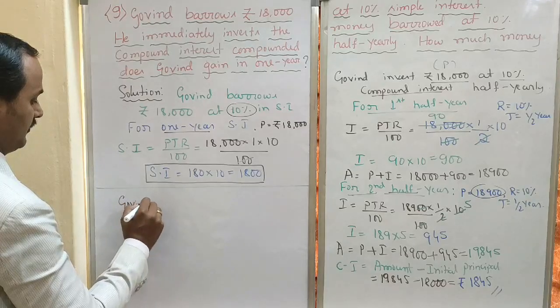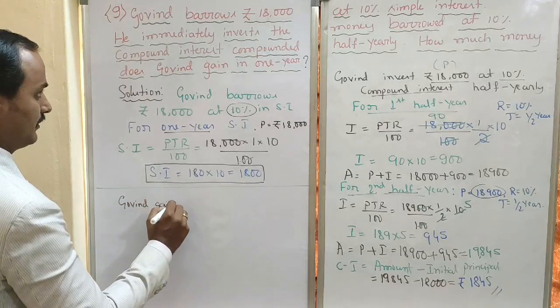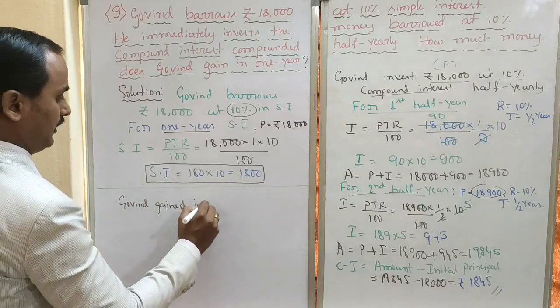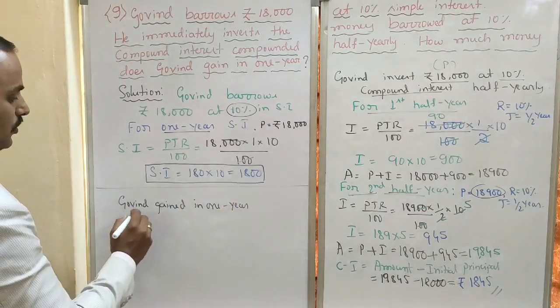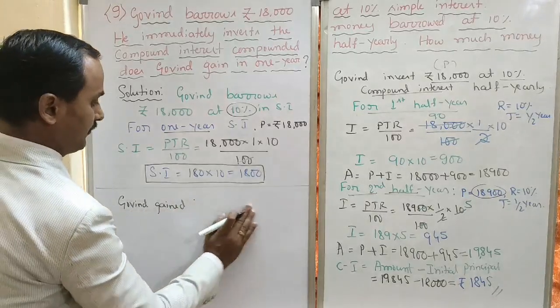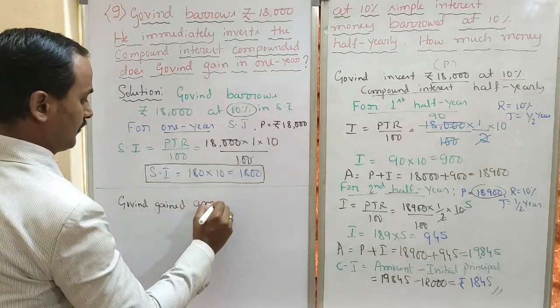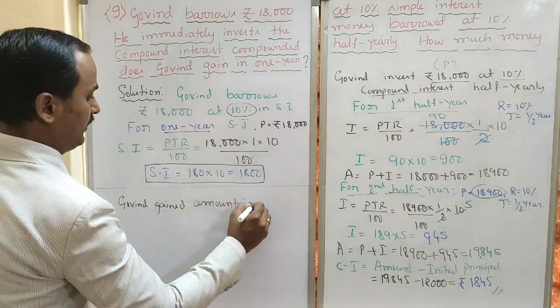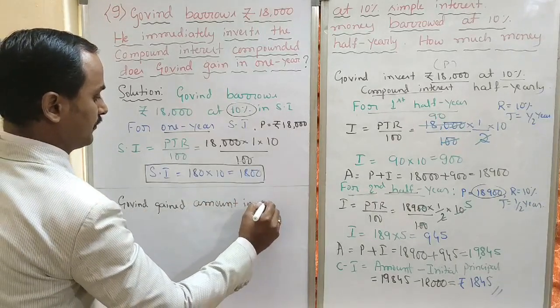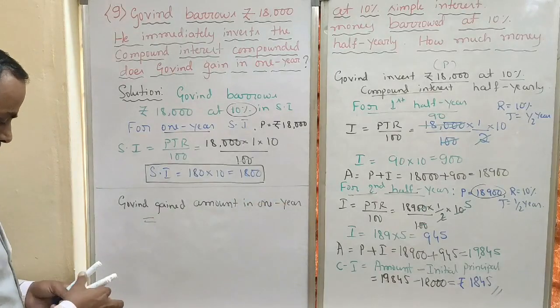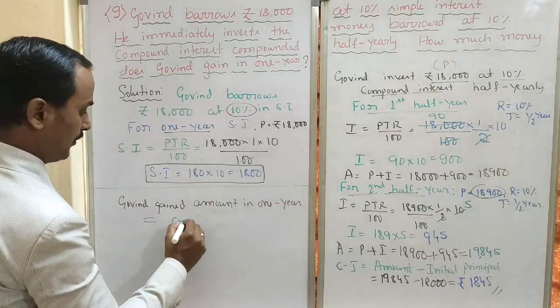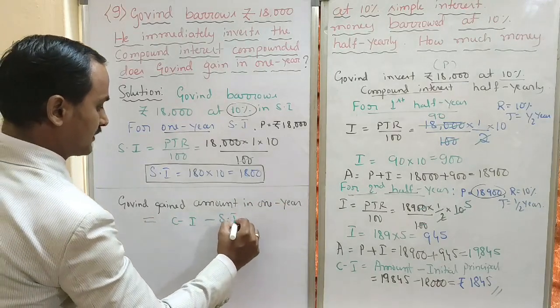Govind gained amount in 1 year is equal to, look here, compound interest minus simple interest.